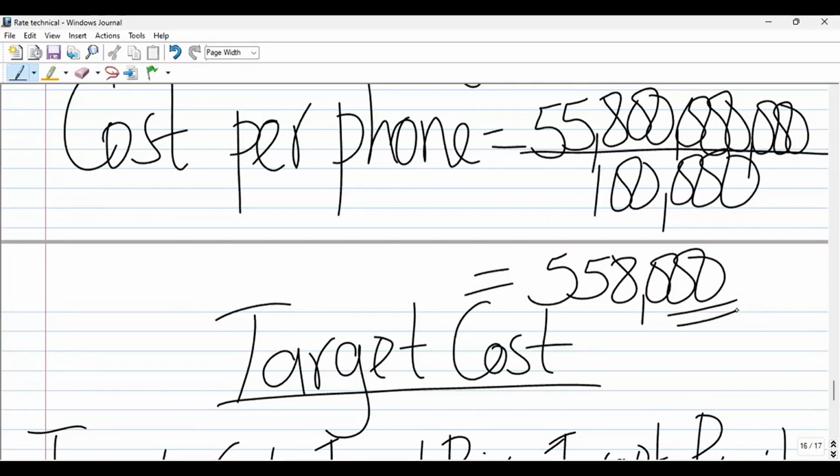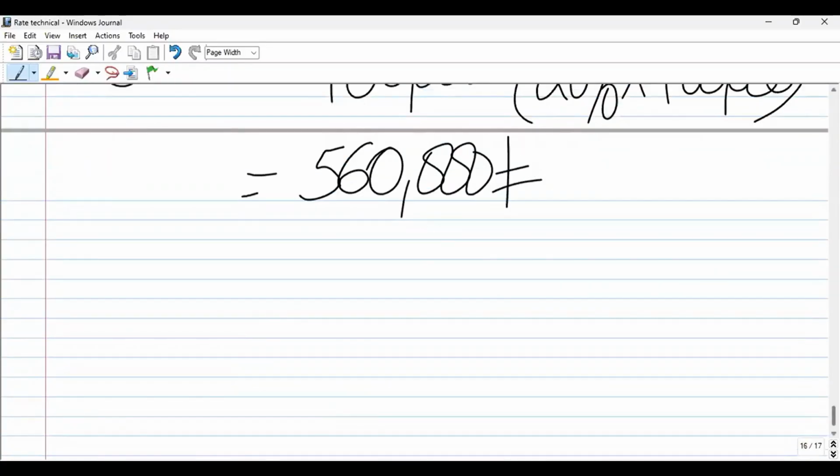Whenever the actual cost is less than the target cost, that means we should go ahead with production. But when the actual cost is higher than the target cost, we should not go ahead. If we are to fall into the customer's budget, the cost we should incur is 560,000.